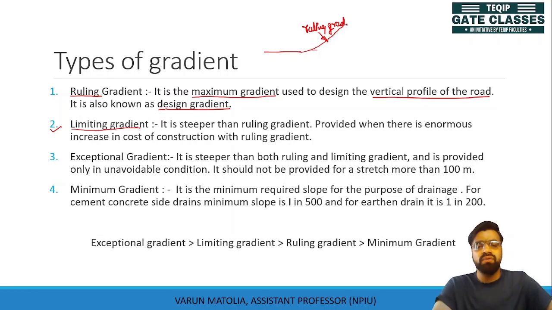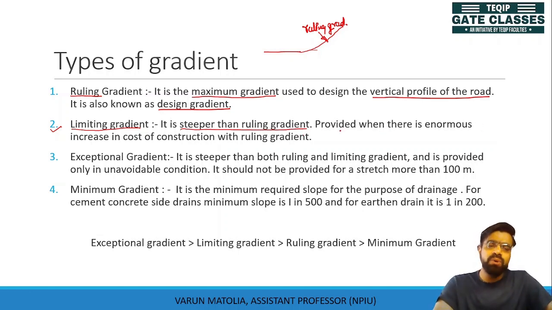In questions, if you are asked the maximum gradient with which a road is designed, the answer should be ruling gradient. But if the question is asked in such a way that which one is higher gradient, first ruling gradient, second limiting gradient, then your answer should be limiting gradient, the steeper gradient as compared to the ruling gradient.